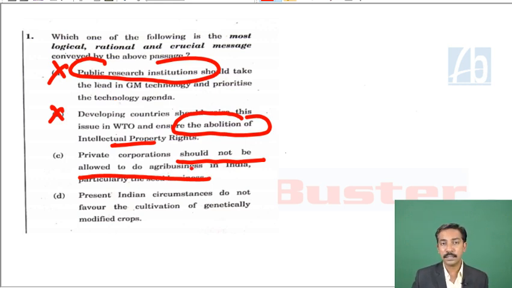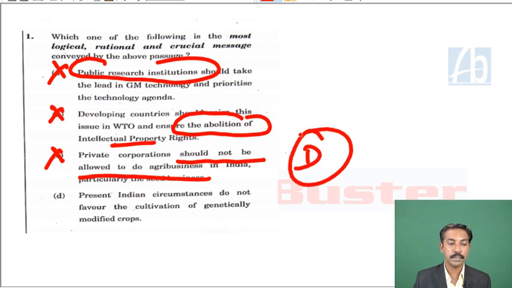Especially, the author doesn't say that these corporations should not be allowed to do business. So we can eliminate the third option as well. The right choice is option D: present Indian circumstances do not favor the cultivation of genetically modified crops. The circumstances have to be changed and the priority should shift from pest resistance to resistance to drought, salinity and other stresses.